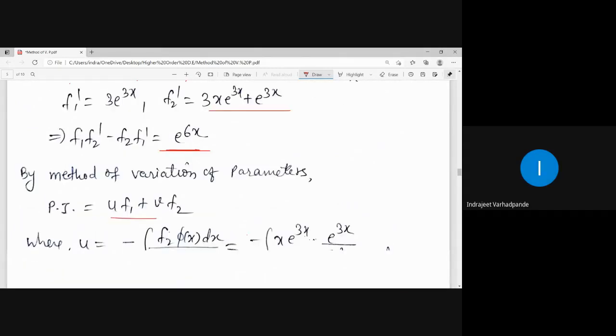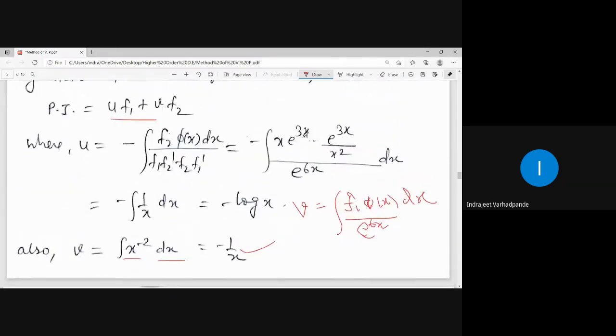Yes, but here I am not taking F2 dash. Here I am taking only F2. Here we are never taking F2 dash. Here we are taking F2 and F1 only. In the formula, it is simply F2 only.